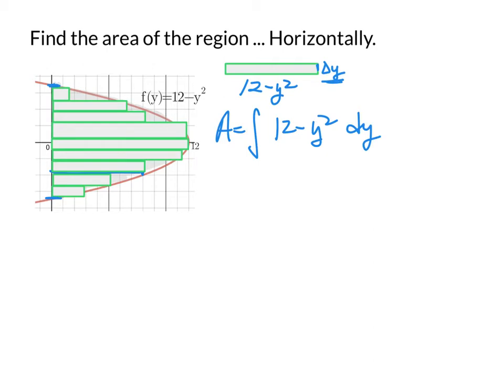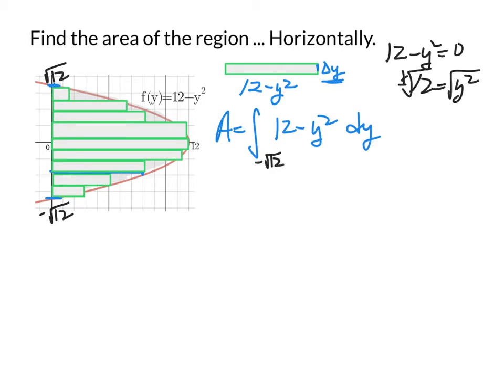Now, when we have f of y equals 12 minus y squared, those intercepts are going to be the spots where the x is equal to 0. So 12 is y squared, and each of those would be plus or minus root 12. So on top is the positive root 12, on the bottom is the negative root 12. And those would be our limits of integration then, from negative root 12 to positive root 12.